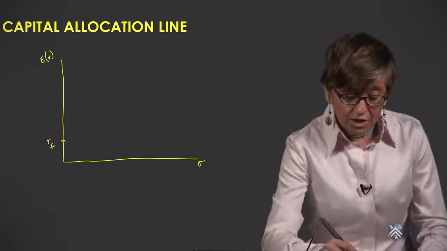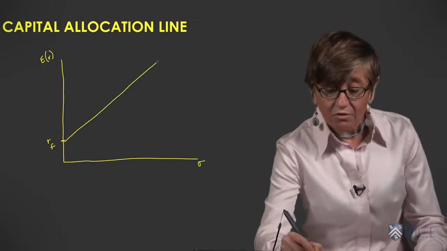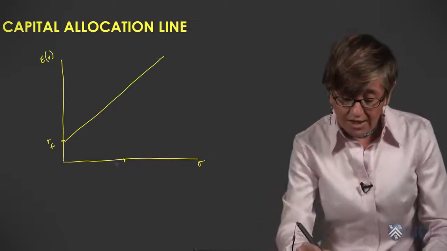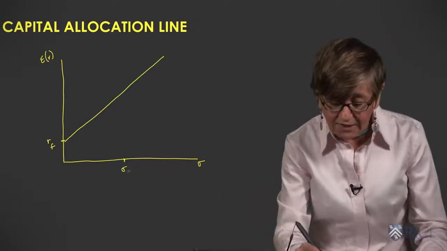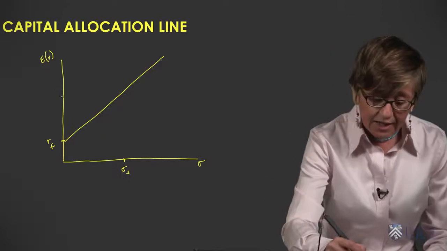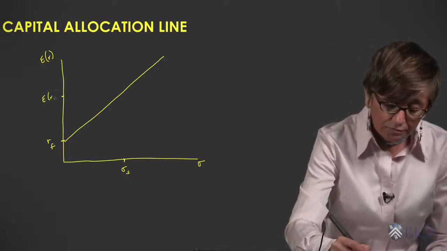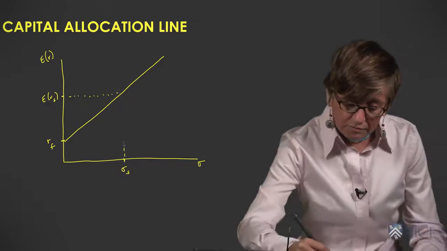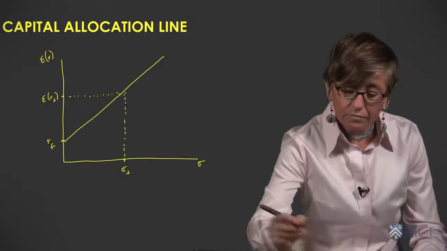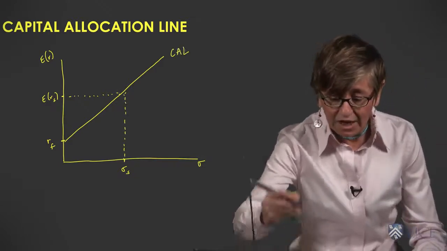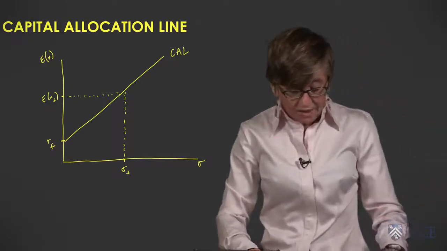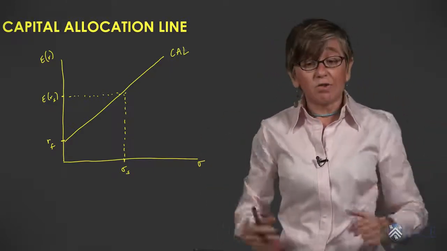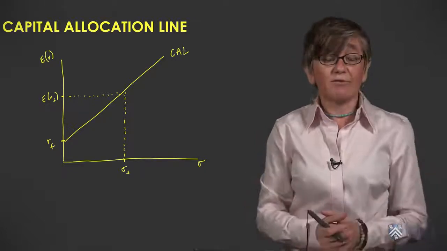And it just tells us all the risk and return combinations that we can create given the risky asset's volatility and expected return. This is the capital allocation line. It gives us all the risk and return combinations that we can create from these two assets.